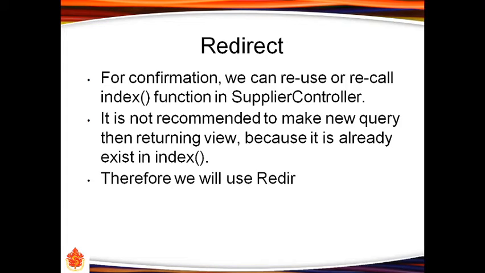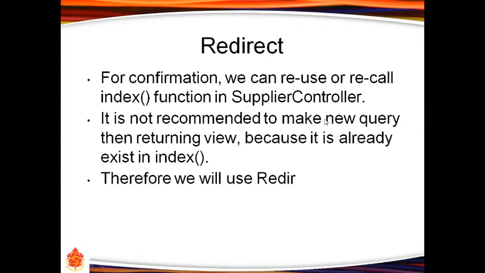Okay, for redirect confirmation we can recall the index function in the supplier controller. It is not recommended to make a new query because it is already done in index. It means if we already have a similar function, why not use it again?